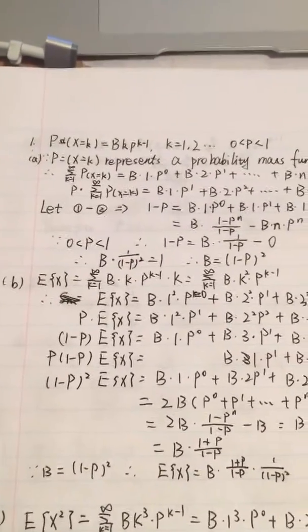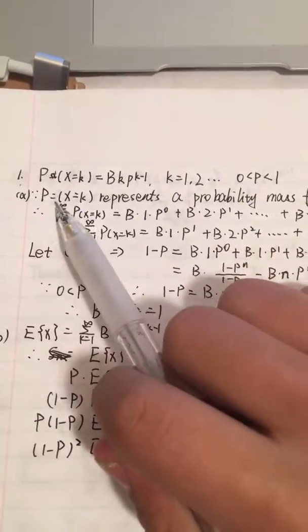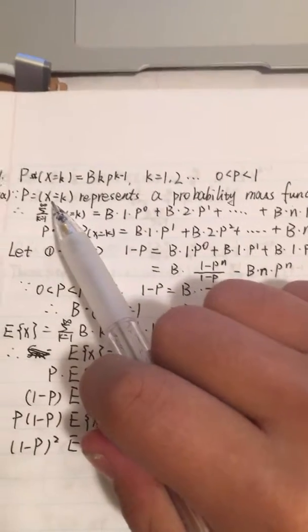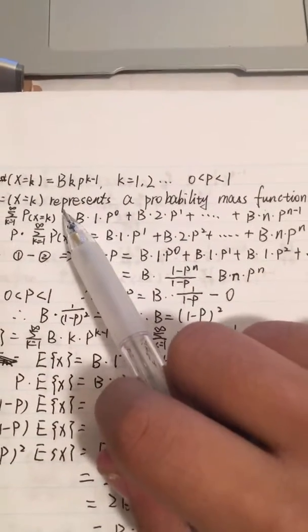The question is: P of X equals k represents a probability mass function.